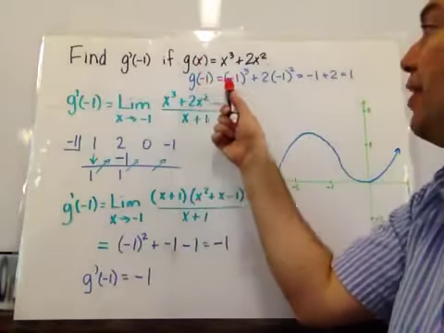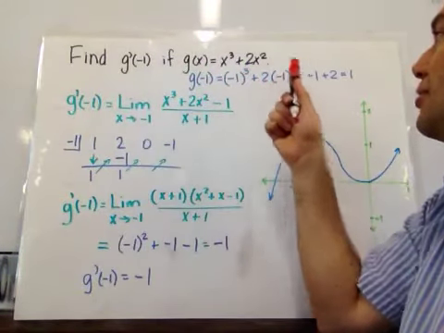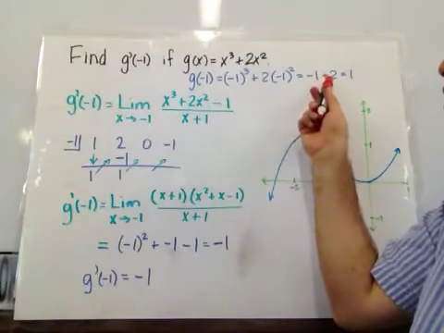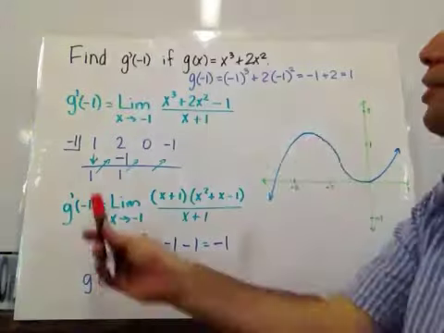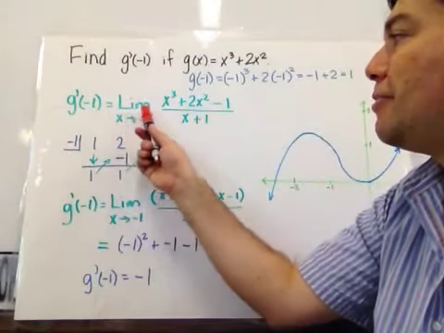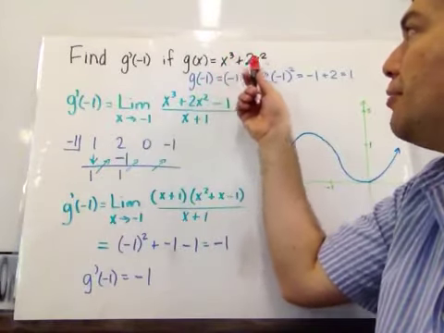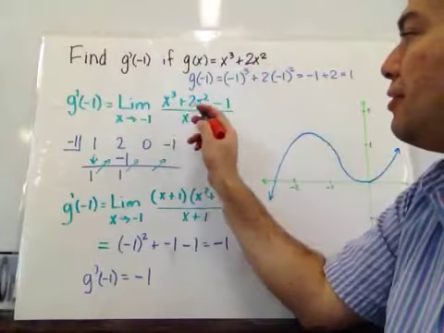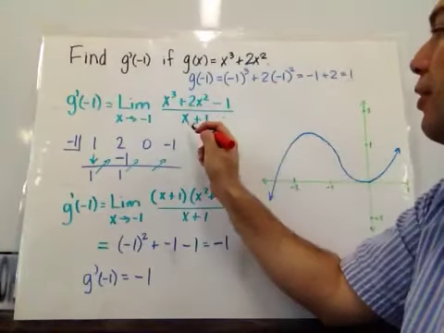So g of negative 1 is negative 1 cubed plus 2 times negative 1 squared, which is negative 1 plus 2, and that's 1. So the derivative g prime of negative 1 is the limit as x approaches negative 1 of the function x cubed plus 2x squared, here, minus the value 1 over x plus 1.